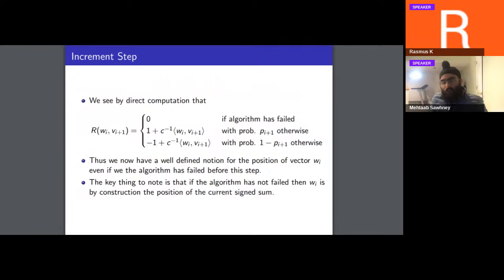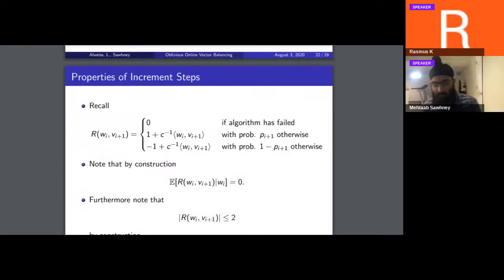And the key thing to note is that as long as the algorithm hasn't failed, the construction of this random variable gives you the true position of the current signed sum. So we haven't done anything bad with respect to that. Next.